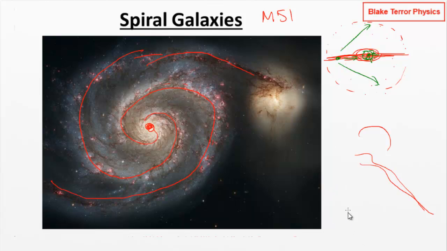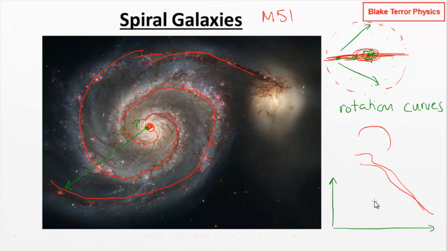One thing that people noticed with this is when they were building their models of how galaxies behaved, and they started constructing these things called rotation curves. And this is where you are plotting the rotation speed against distance for matter. You take a line going from the center of the galaxy going outwards and say, right, well, how fast is all of this stuff moving as it rotates around the galaxy?